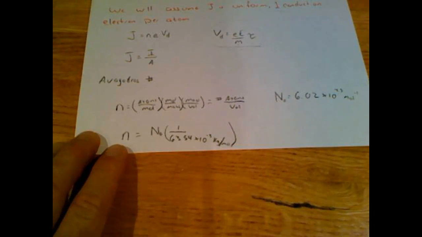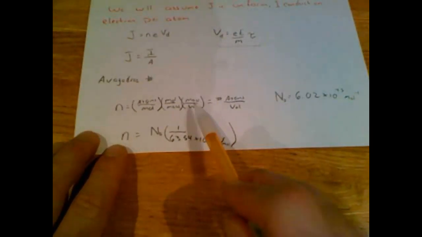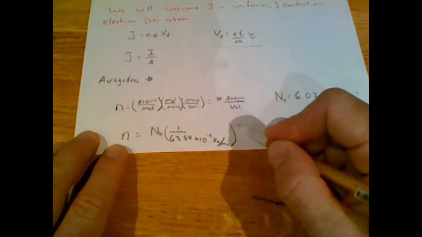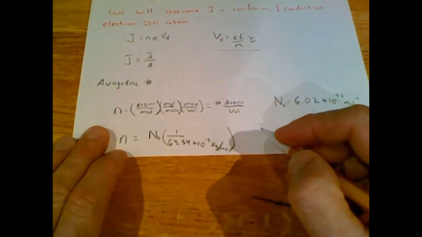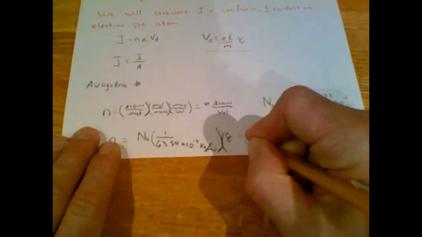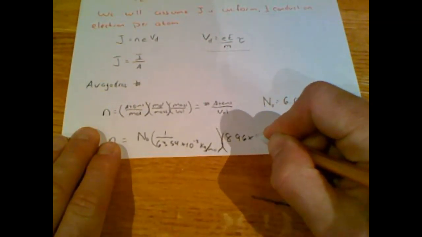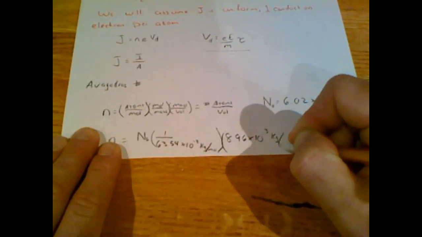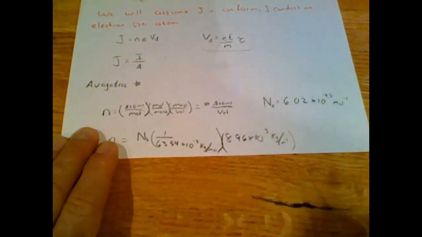And then I'm going to multiply that by the density, that mass per unit volume, which is given here, 8.96 times 10 to the 3rd kilograms per meter cubed.